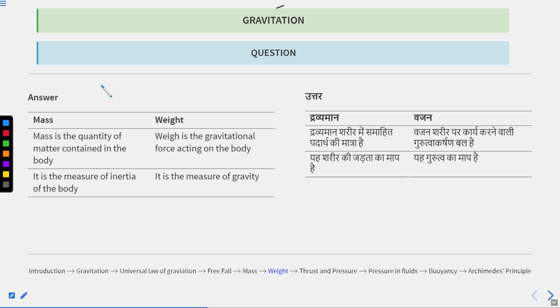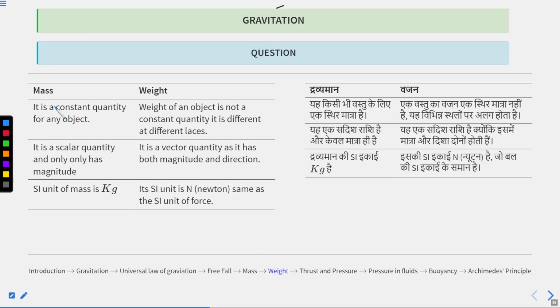The amount of matter inside a body is known as mass, whereas weight is the force exerted on any object because of earth. Is it clear, class? Mass is the measure of inertia of the body, whereas weight is the measure of gravitational force or gravity.